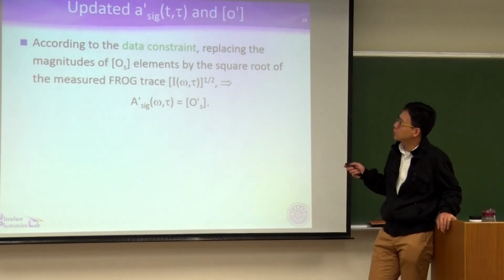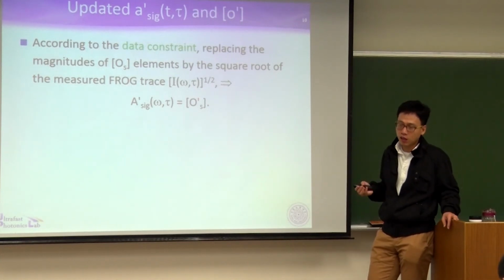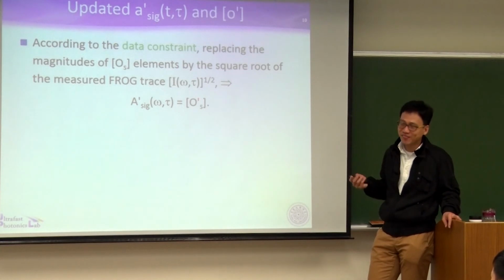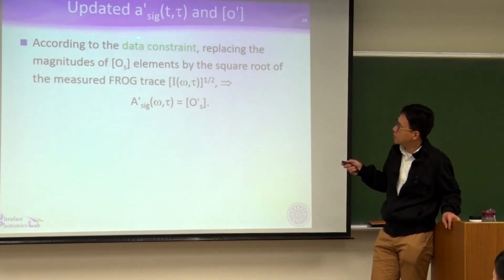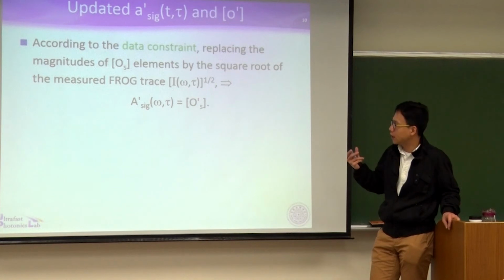Then the issue is, after we know the numerical representations, how do we perform the algorithm? According to the second constraint, the data constraint, you can replace the magnitudes of the big O sub S matrix by the square root of the measured FROG trace. Because you have the FROG trace data, you must know the absolute square of the gated spectrum.